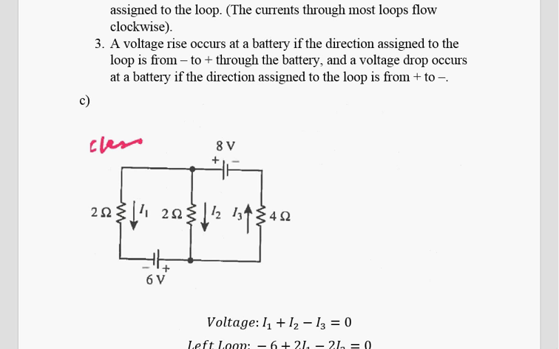Matter of fact, you can do that for even the left loop, the right loop, and the outer loop in terms of the charge that's being supplied to each loop. And if you go clockwise, it doesn't matter about taking that one node. You can look at it from any point, even this node up here.